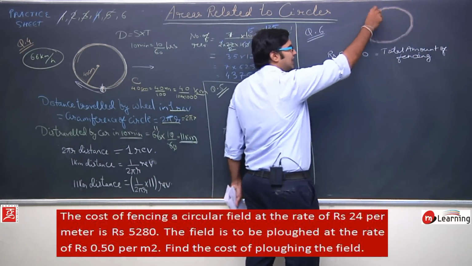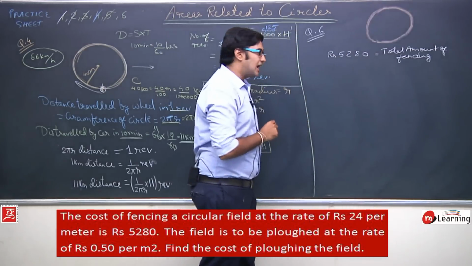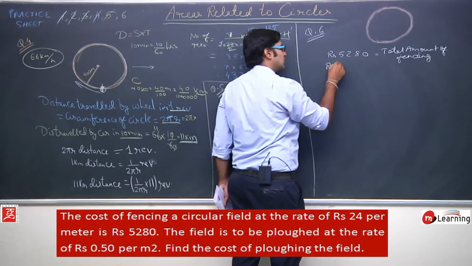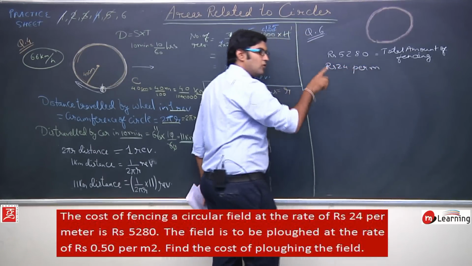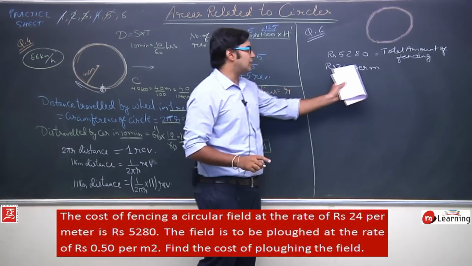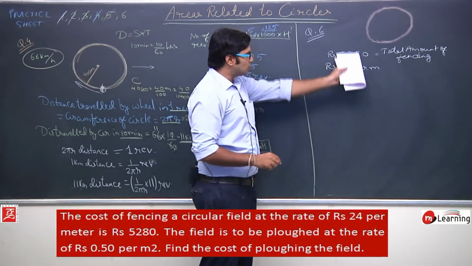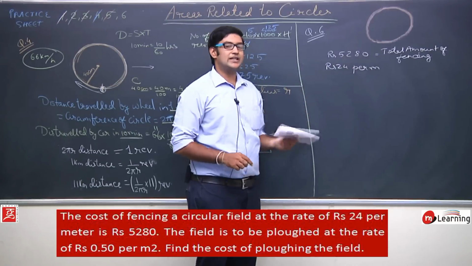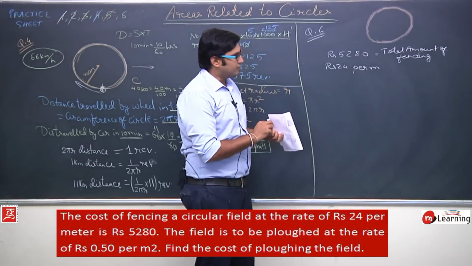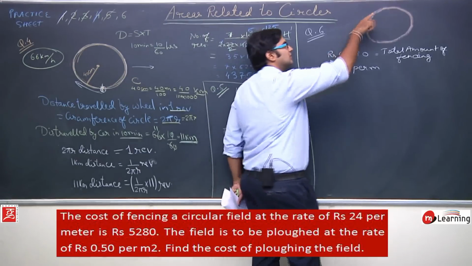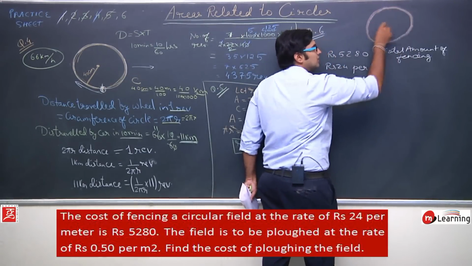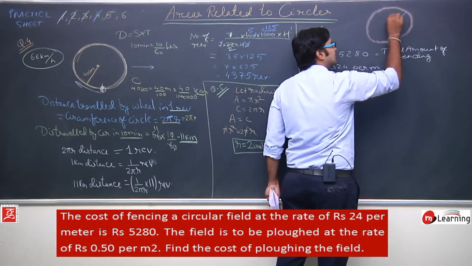Now, at what rate have I paid for this figure? I have paid rupees 24 per meter. So, for 1 meter of fencing, I require 24 rupees, and in total I have spent 5280 rupees. Now, if I ask you what is the length of this fence, what is the length of this boundary? Let us say this is the radius of the circle.